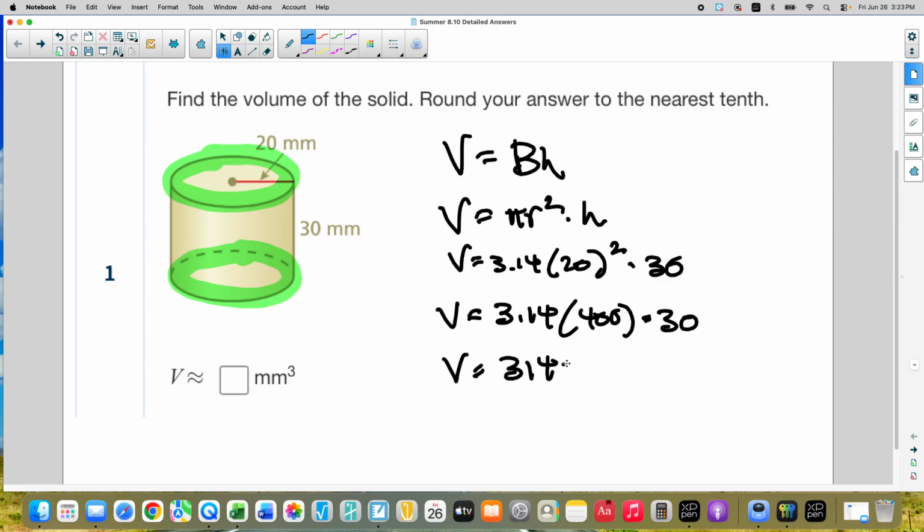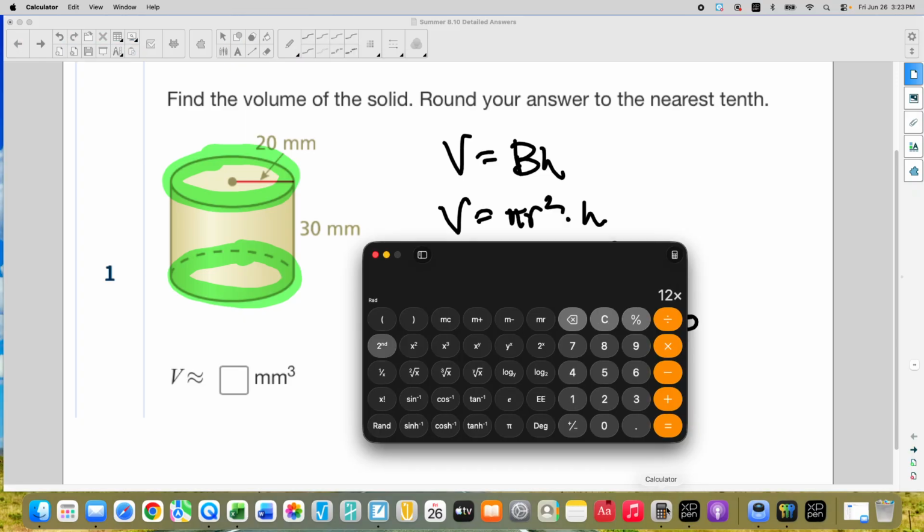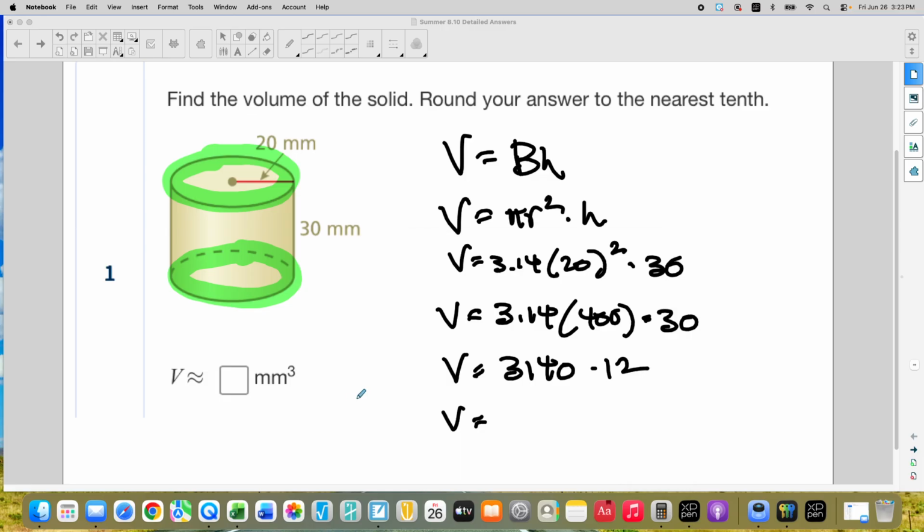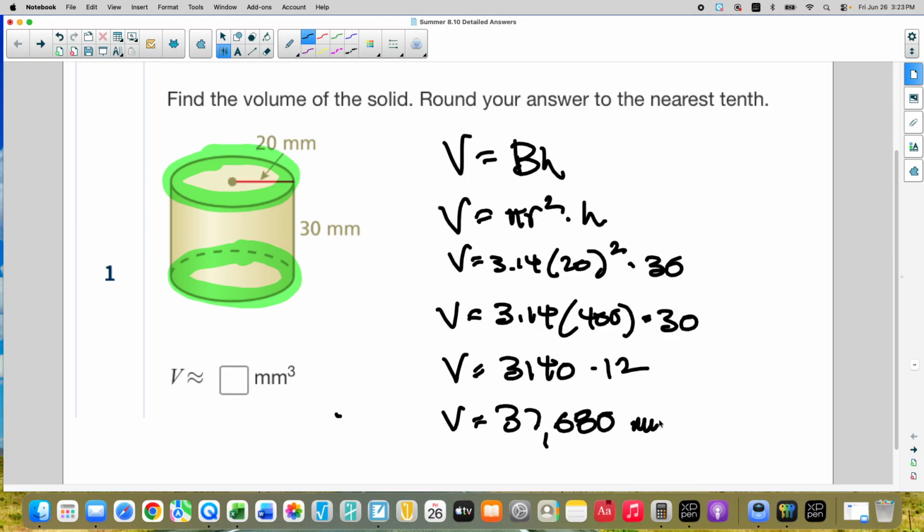So that would be all the three zeros, 1, 2, 3, and then 4 times 3 is 12. So if we wanted to do it that manner, 12 times 3140, 37,680. 37,680 millimeters cubed.